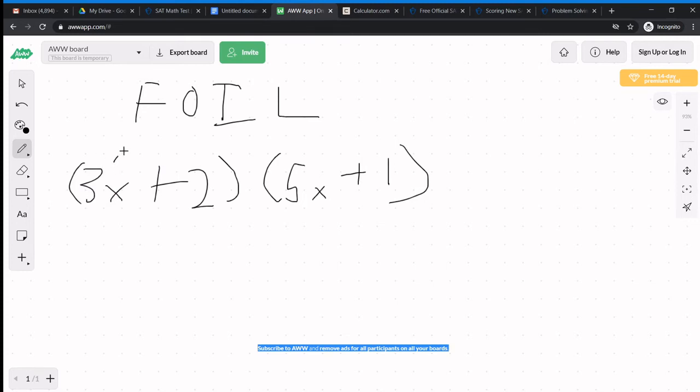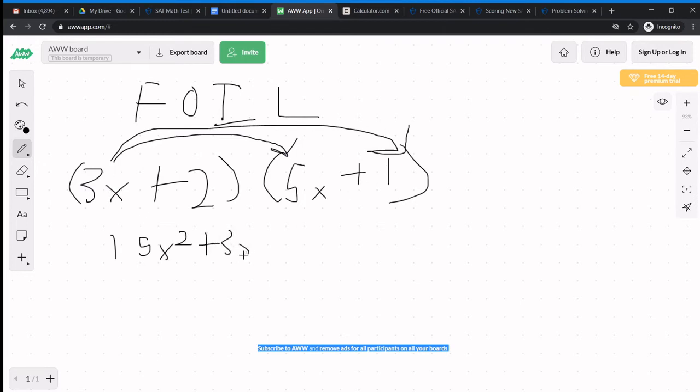Take this first number, multiply it by this. Then you go to this second number. Alright, so you get 15x squared, and then you get 3x. Now you're finished with the first number, you go to the second number, do this, and then do this. Plus 2. Most of you know FOIL.